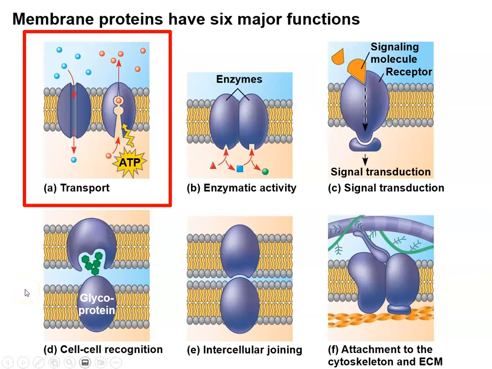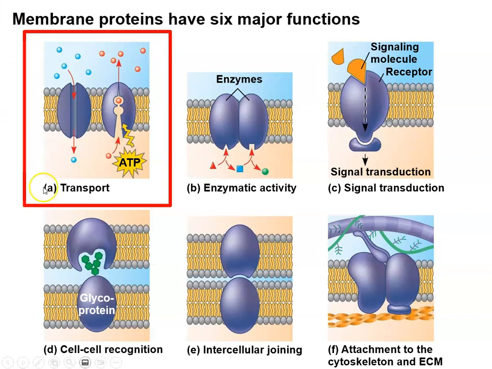Another example of a function proteins can have involved in the membrane is cell-to-cell recognition, as shown here in Part D. Intercellular joining, and points of attachment to cytoskeleton on the inside of the cell, or extracellular matrix, which is ECM, on the outside of the cell. That would be specifically for an animal cell, though. They're the only ones that have that extracellular matrix.